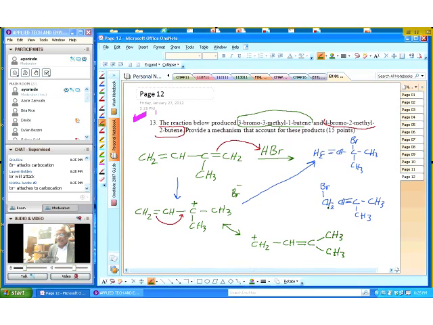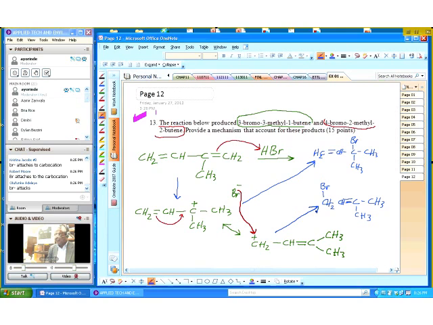The bromide attacks the carbocation. Excellent. Because the bromide is a nucleophile now. So this comes in here, attaches, and then you form this product. So now we have explained the formation of those two products, and that is what they want us to do.